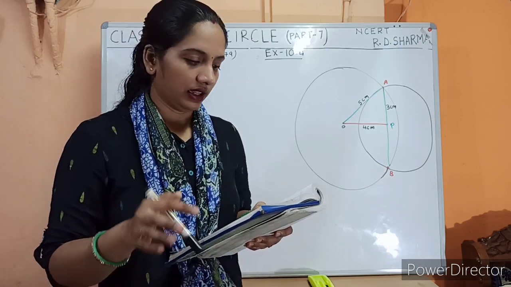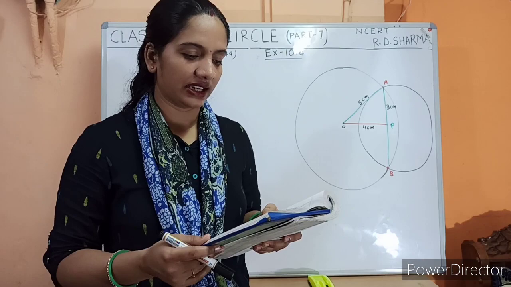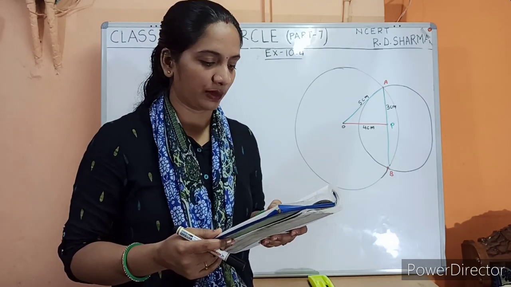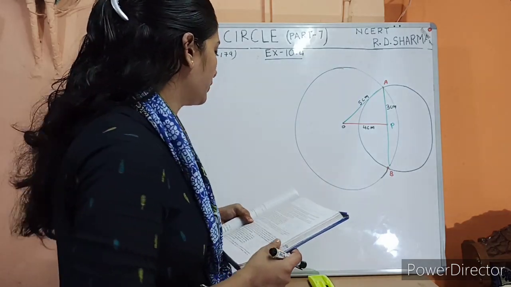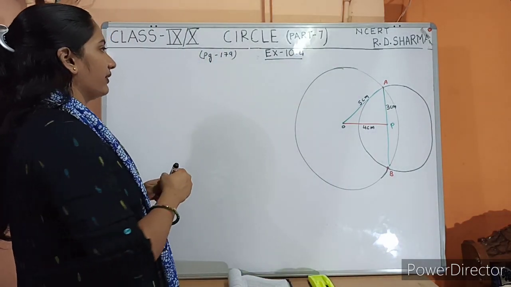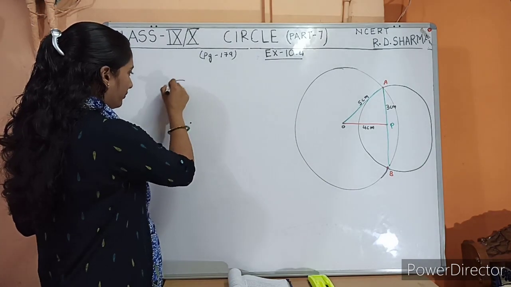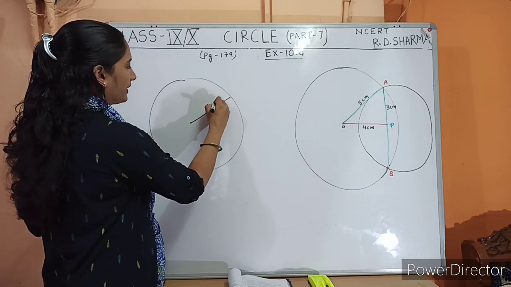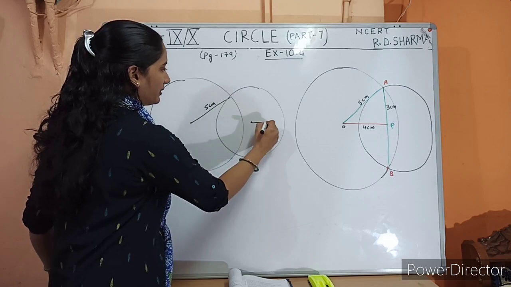Question number 1. The two circles of radii 5 cm and 3 cm intersect at 2 points and the distance between their centers is 4 cm. So we need to find the length of the common chord. Okay children, so what are the things given here? Two circles are given, and the radius of the first circle is 5 cm and the radius of the second circle is 3 centimeter.